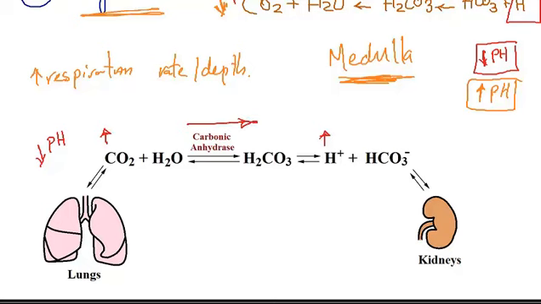Once this happens, the body responds by increasing the respiration rate, as a consequence of which CO2 will drop, and the equation would be shifted to the left side, as a consequence of which H+ concentration will drop.